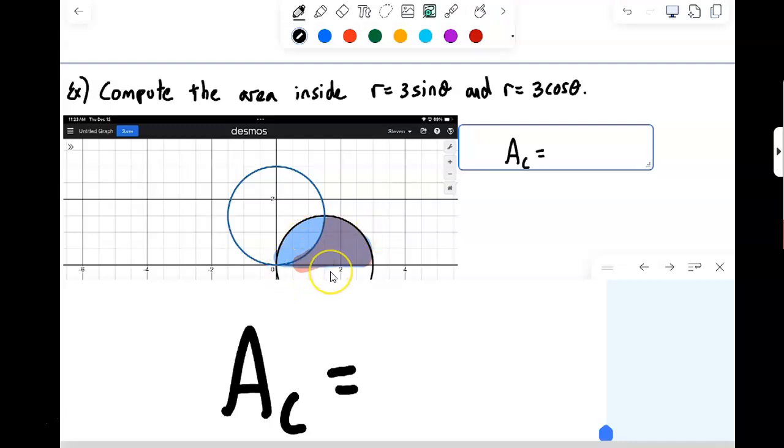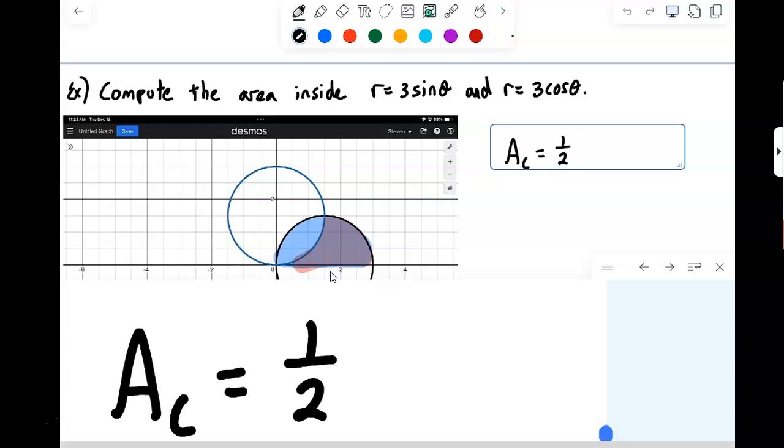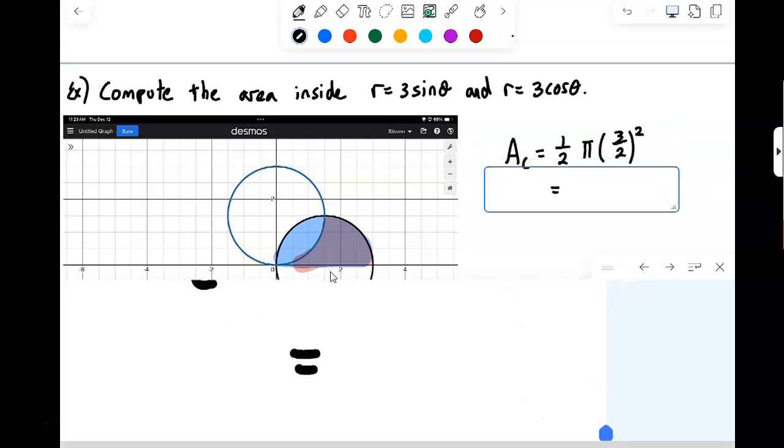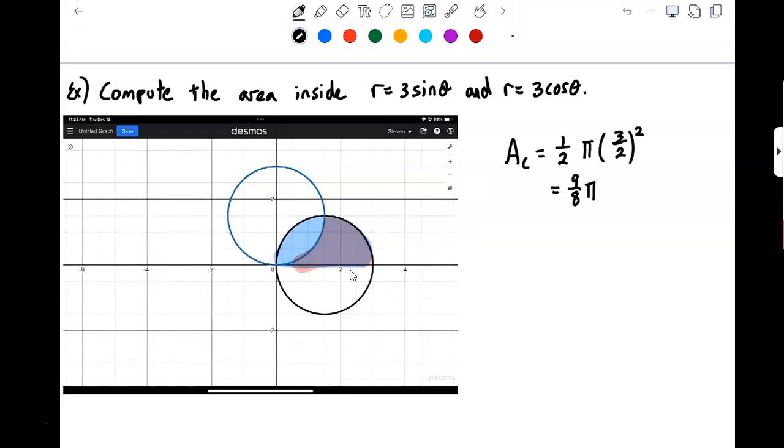But it's just a semicircle, so it's going to be half of that. So 1/2 pi times the radius squared. And this would just give us 9/8 pi.